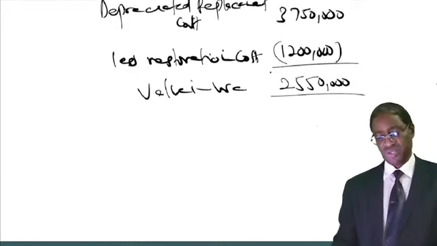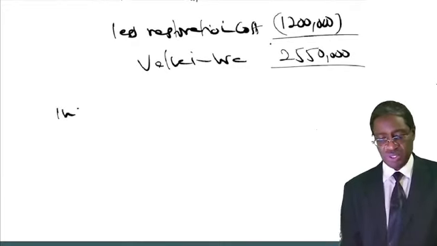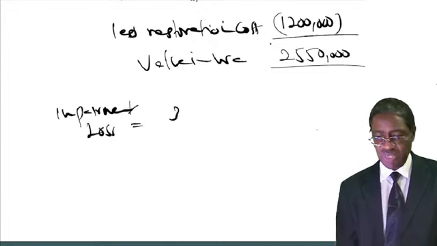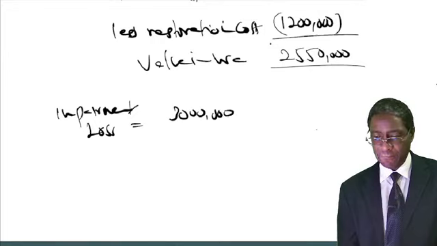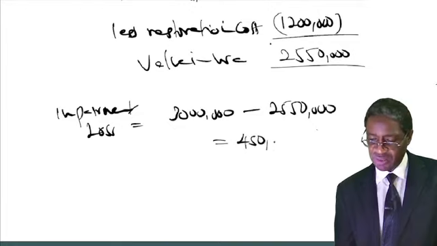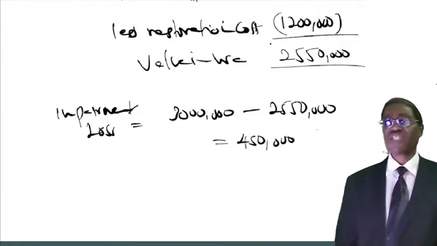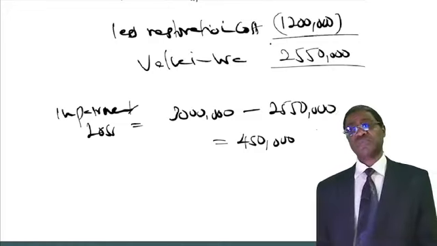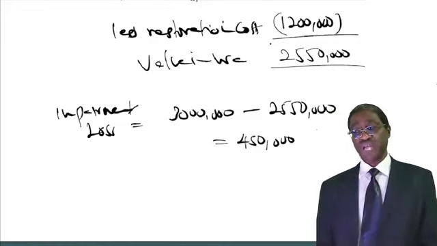Good. Let's compute the impairment loss. Come and say your impairment loss equals 3 million minus 2,550,000. That is exactly 450,000. That's our impairment loss for that asset. I'm through with that question now.